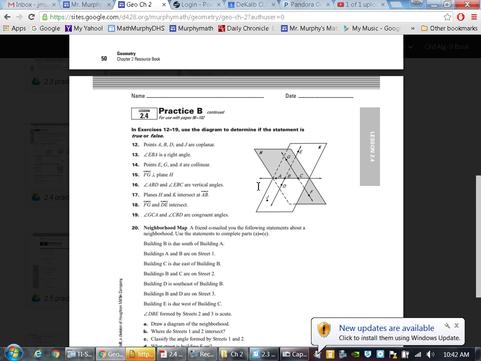So what I want to do here is the secondary part of 2.4, which talks about postulates and diagrams. It's not in the book, it's the worksheet.